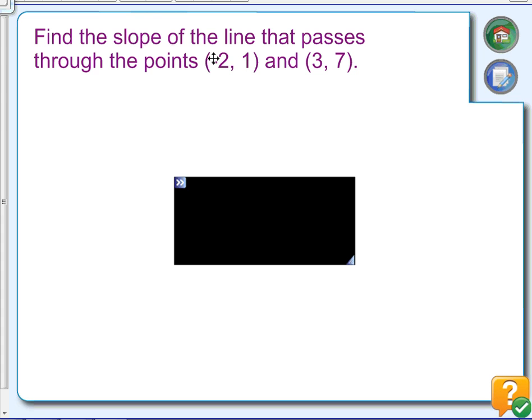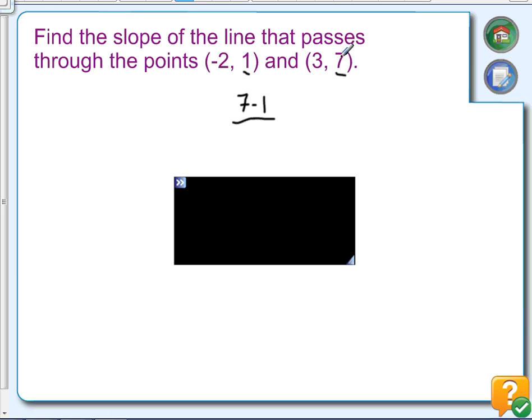So I have: find the slope of the line that passes through the points -2, 1 and 3, 7. I'm going to concentrate on my y's first for the top. So I'm going to take my 7 and subtract 1. Now what I mean by being consistent is that I would not now take -2 and subtract it from 3. I need to keep it consistent.